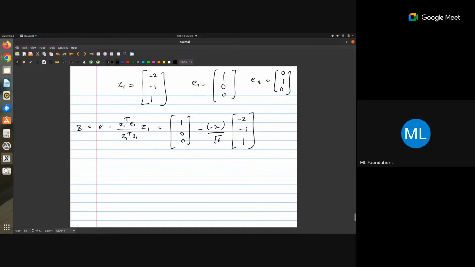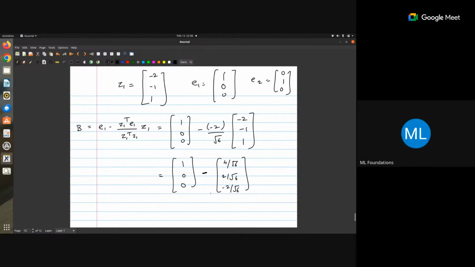This part is fine. So here 1 0 0 minus, plus 4 by root 6, then 2 by root 6 and minus 2 by root 6. Is that fine?